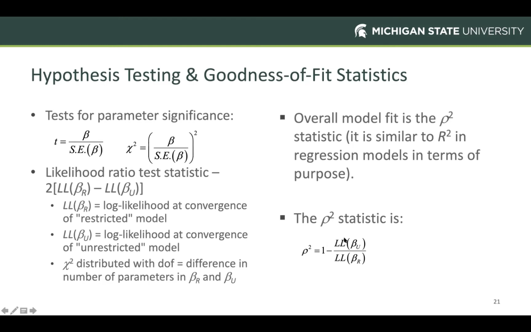Okay, so we talked about how a perfect fitting model, that log likelihood would tend towards 0, but in practice, we're never actually going to see that. But this is giving us a rough estimate that can be interpreted somewhat analogously to R-squared. But again, we're typically going to see lower ranges of that value as compared to linear regression models, okay?